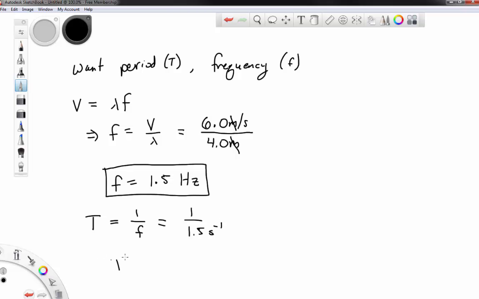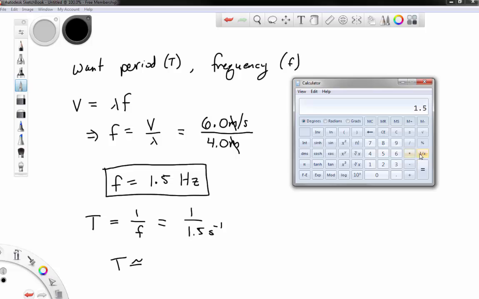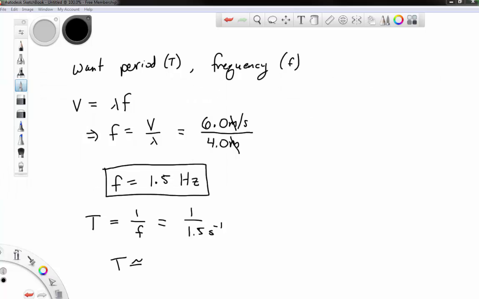So again, you'd want to throw that into your calculator. In my calculator, I can just push this button. That gives me 0.6666 repeating. So the period is about 0.67 seconds.